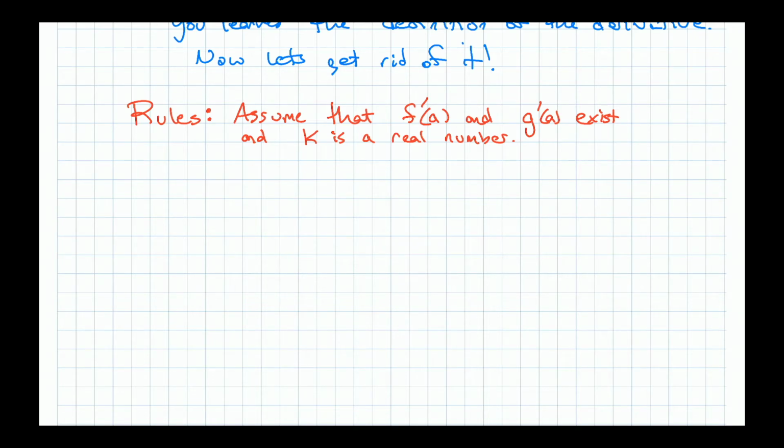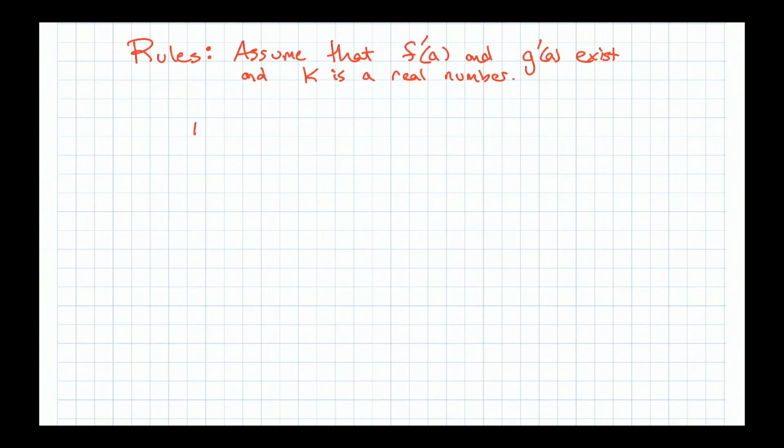Now what are we going to do with it? So here are some rules for derivatives, just how they behave, okay? So we got rule number 1. I'm going to use some notation for the derivative that you haven't seen before, but I'll write it right here, and that'll have to be good enough.